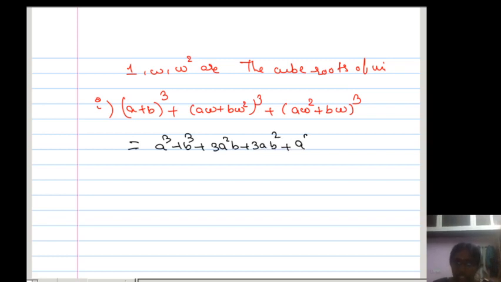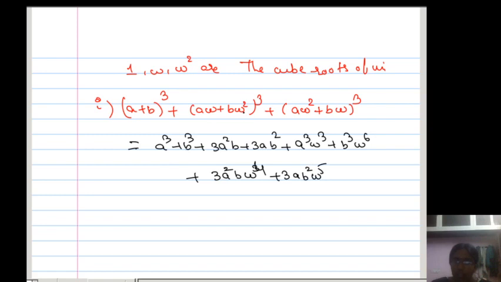Next, a cube plus b cube plus 3a square b means 3a square omega square into omega cube, so you can write omega power 4, plus 3ab square means a omega b omega, which is a b square omega power 5.